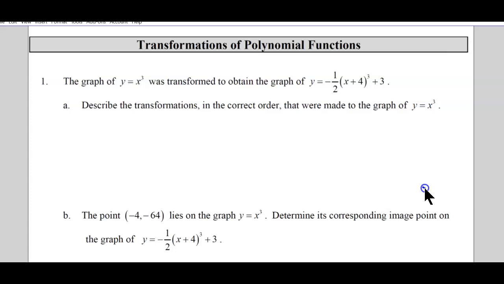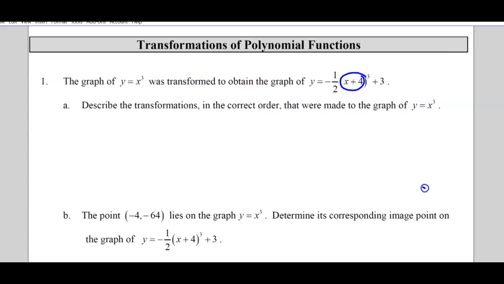But you remember how you get that, remember this is, you can put a circle around it, that's what's cubed, right? So obviously, x was replaced with x plus 4. There was a number in front, so this is like your f of x. This number in front is a vertical stretch by a half, reflection in the x-axis, and then up 3.